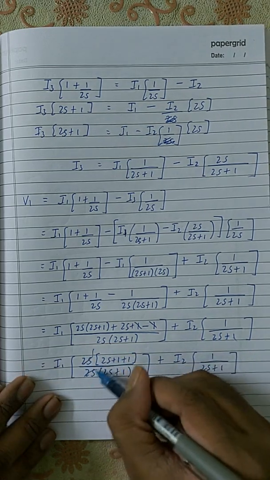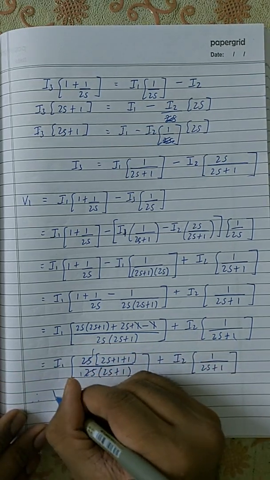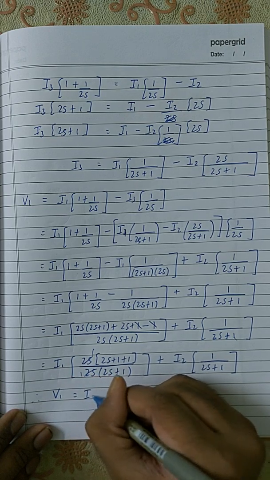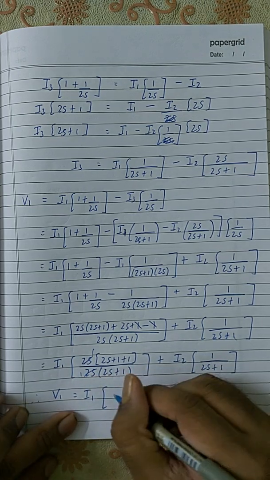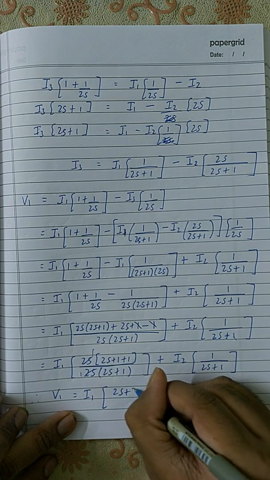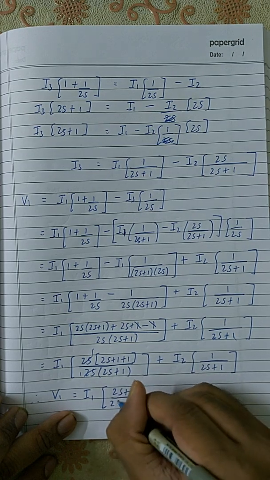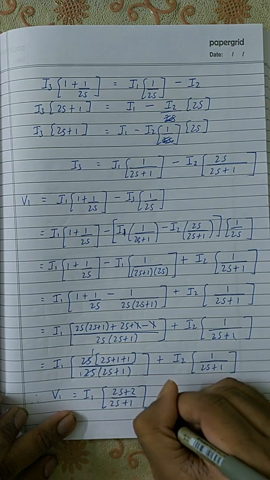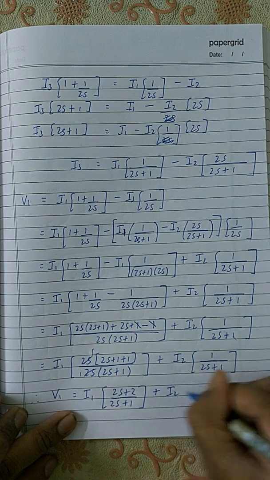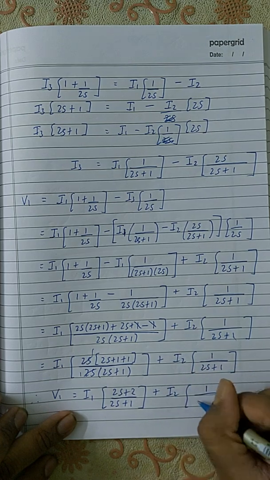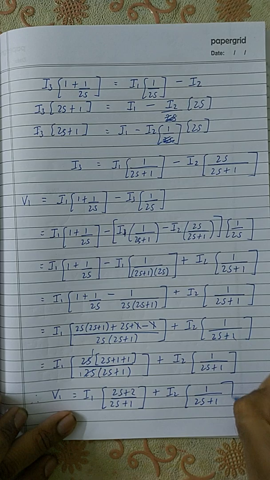So 2s and 2s will cancel each other, and we have V1 equal to I1 into (2s plus 2) by (2s plus 1) plus I2 into 1 by 2s plus 1.